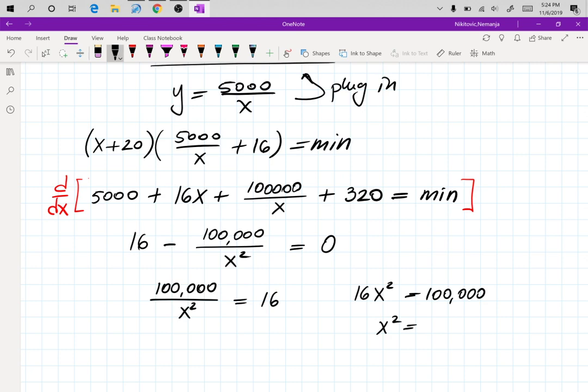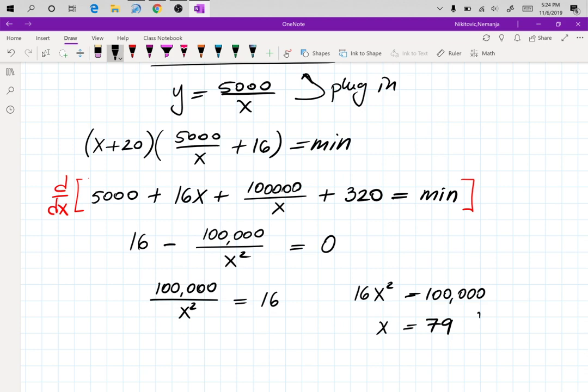So now we take the calculator for applied problems, divide by 16, and then take the square root of that value to get 79.05 and so on. So X equals, now you will get the negative number as well, but we know that the lengths are always positive, so whatever.